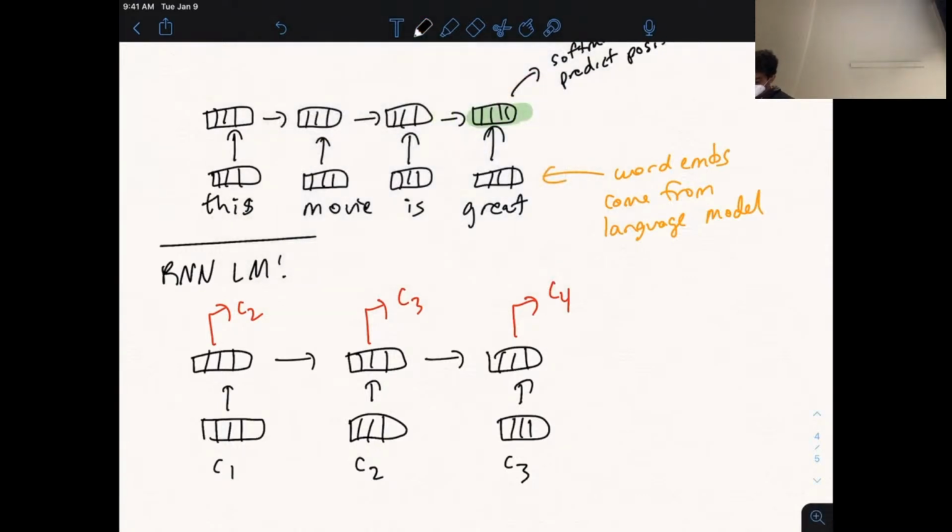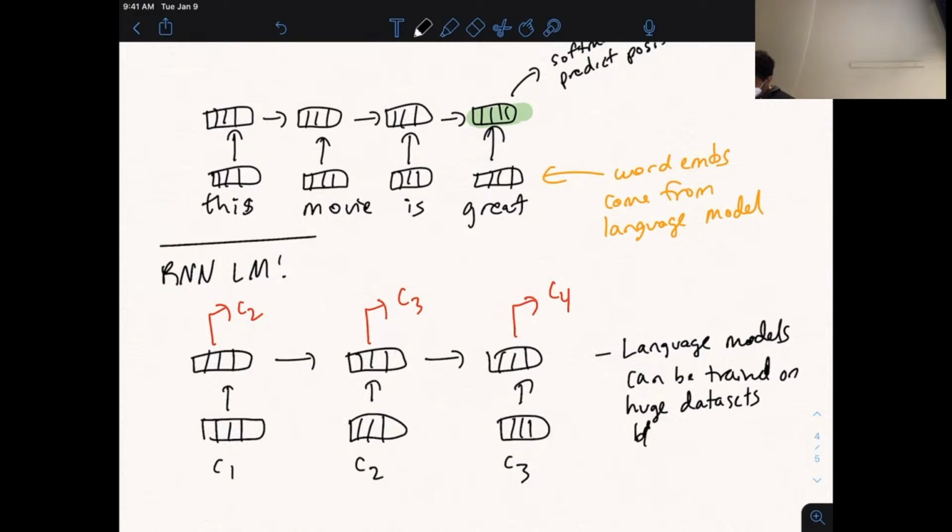So language models can be trained on huge data sets because labels come for free.